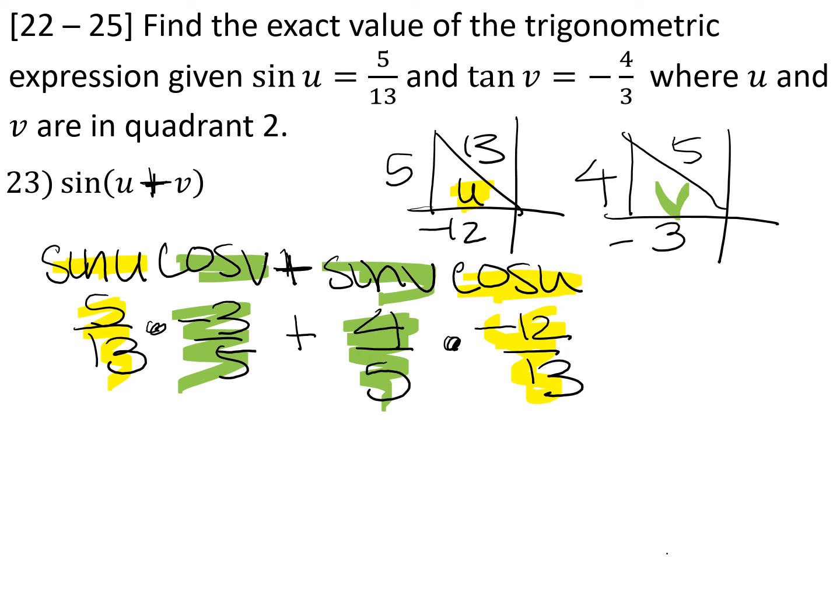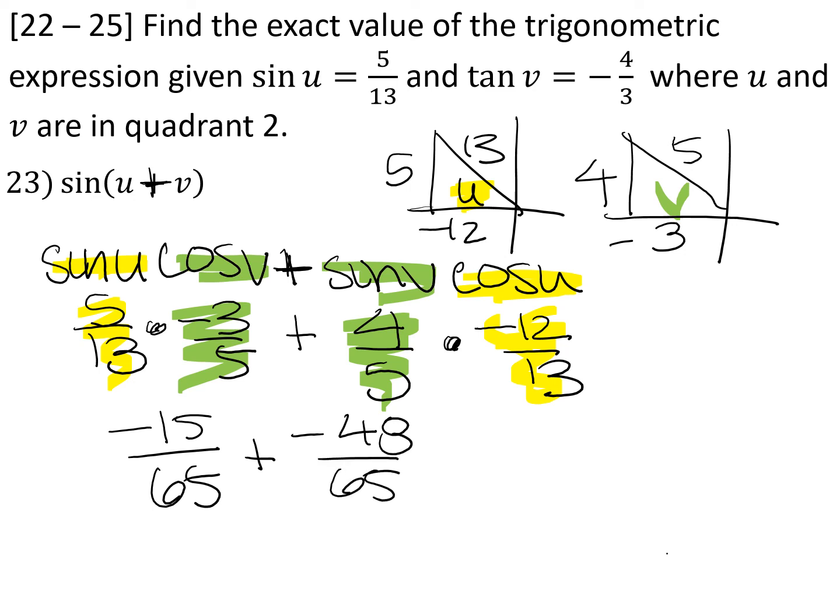And then I can multiply, giving me negative 15 over 65 plus negative 48 over 65. And when I add those negatives, carry the 1, I get negative 63 over 65. I believe. I hope so.